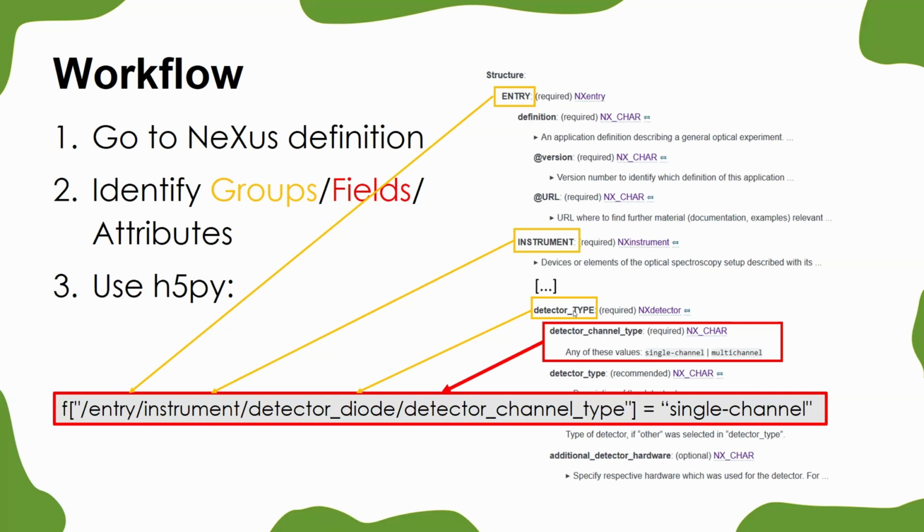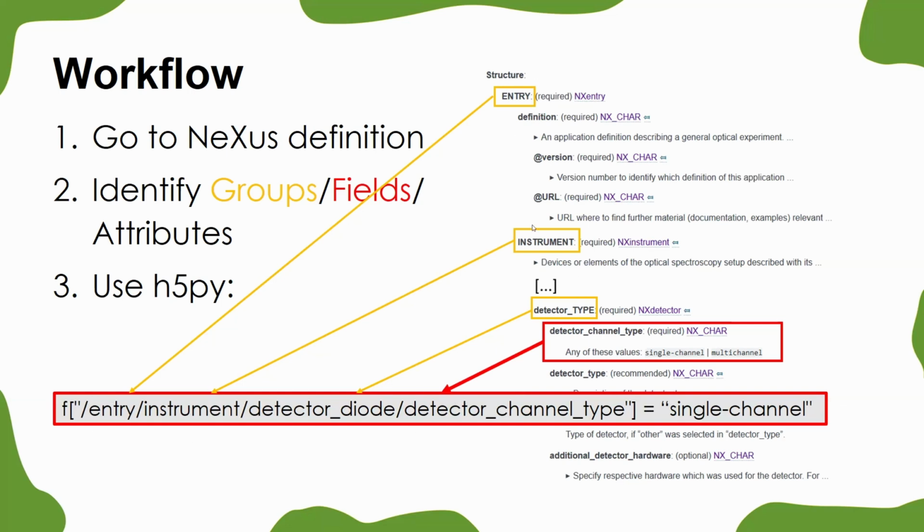You can have detector 1, detector 2, detector 3. You can also have detector diode and detector CCD and so on. So this is specialization, so to say, because setups can have multiple detectors, and there are various other elements where you can have multiple of them. And just specifically for this detector, then you have this channel type. This is the path for this, and then you have to select single channel or multi-channel. You specify this, and then you can add this specific element.